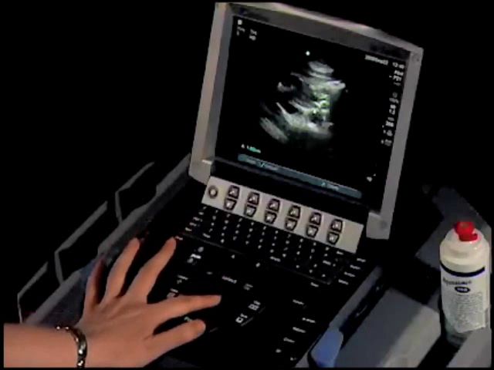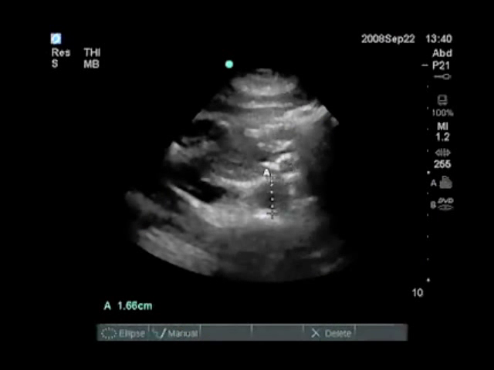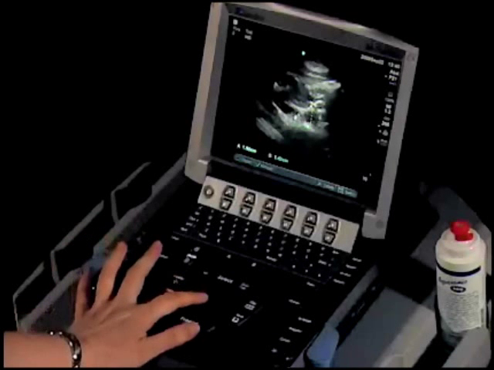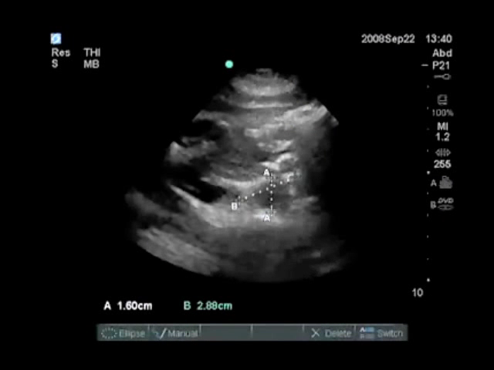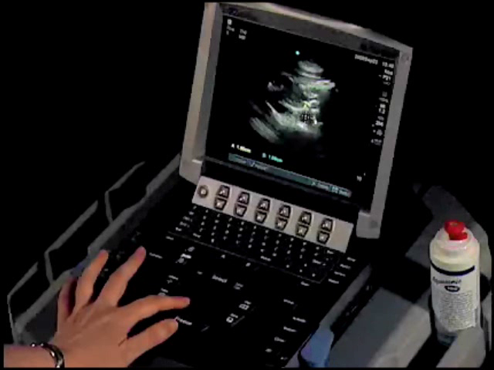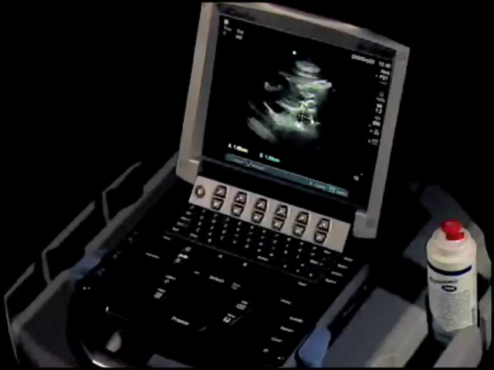Measuring from the outside wall to outside wall, so I measure the entire size of the aorta and not just the residual lumen of an aneurysm. I will perform 2 measurements, anterior to posterior, and a transverse measurement.